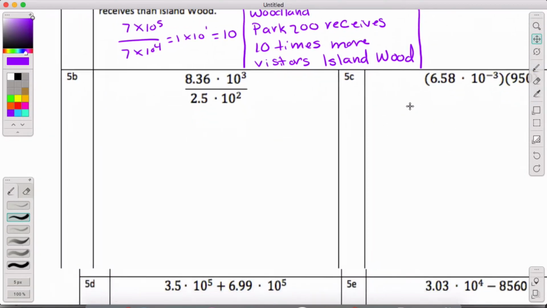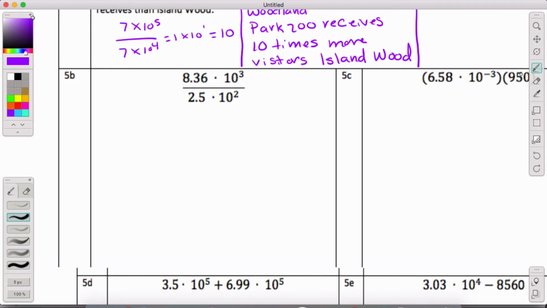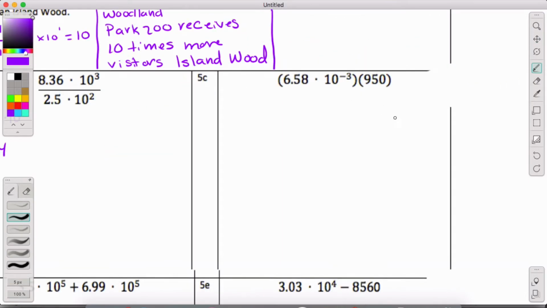All right, 5B. Your answer for this one, you could have written it in scientific notation, which would be 3.344 times 10 to the 1st, or you could have had it in standard form as 33.44. 5C, your answer here, again, could be scientific or standard.